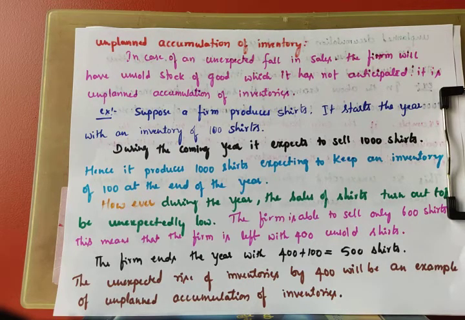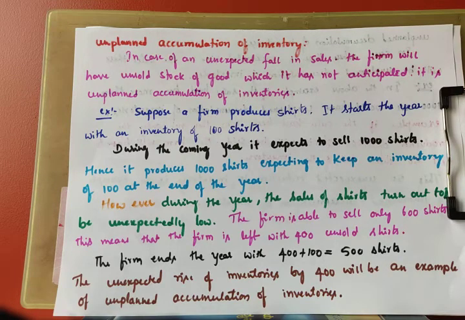If the value of inventory is less at the end of the year compared to the beginning, we can calculate inventory during a year. Inventory is the stock we carry from the previous year to the present year, and from the present year to the next year. In that there is unplanned accumulation and unplanned decumulation, and planned accumulation and planned decumulation.